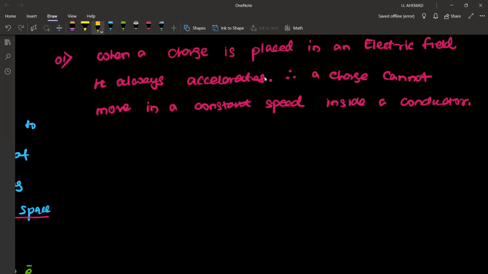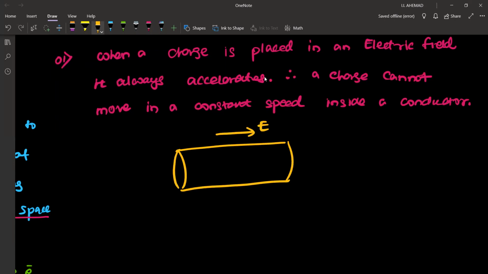Okay, so did you get it? Vd is not constant. It always accelerates. Then during a collision, it loses the energy and its velocity goes down. Again, it collides, again it accelerates due to the electric field. So let's say the electric field is applied in this direction.